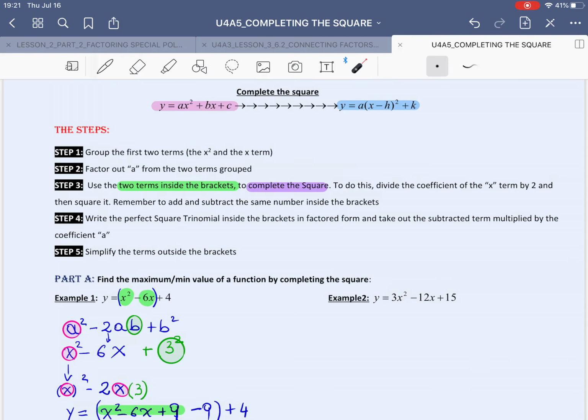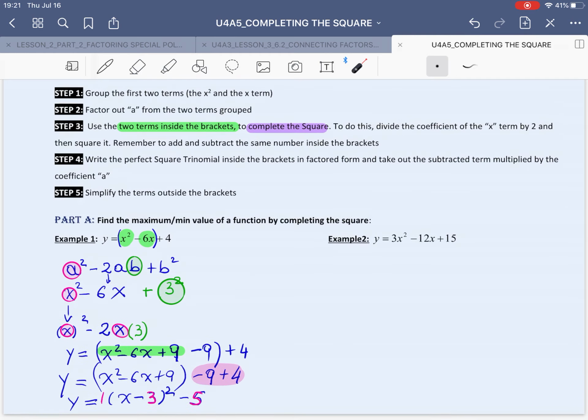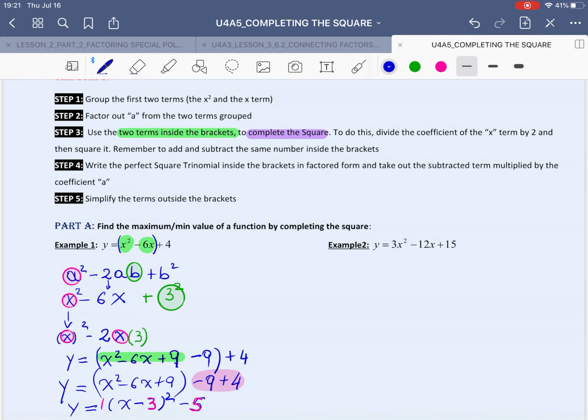Just like when we factored trinomials, when a is different than 1, the process changed slightly. Actually, it became a lot more complicated. The process of completing the square when a is different than 1 will also be slightly different, not a lot more different though. So let's have some hope.